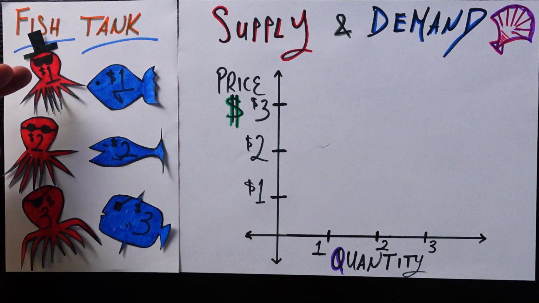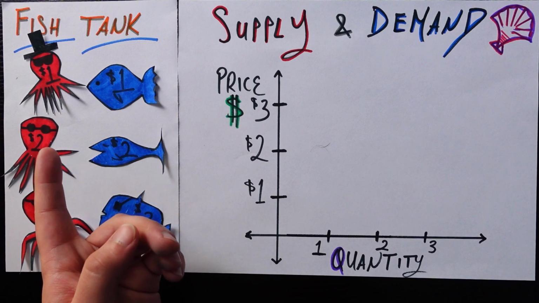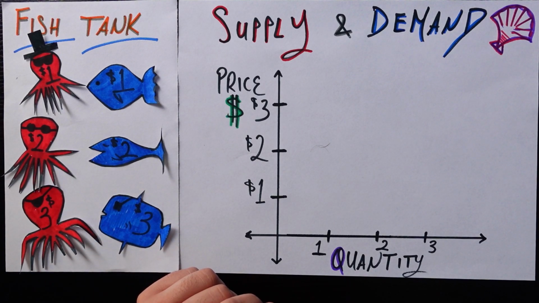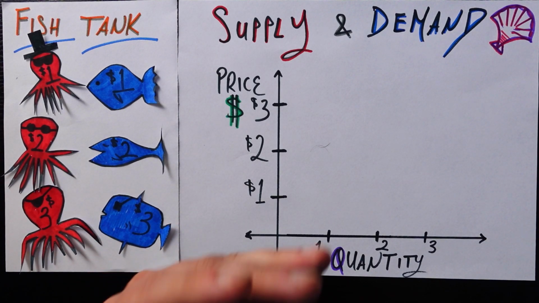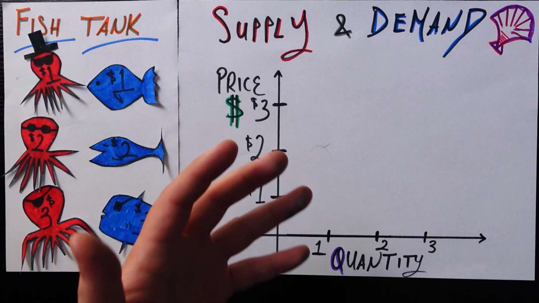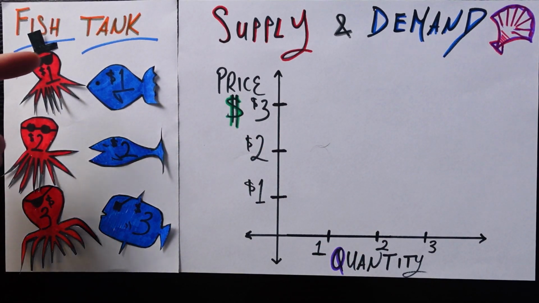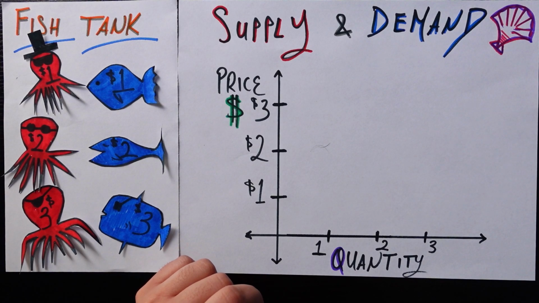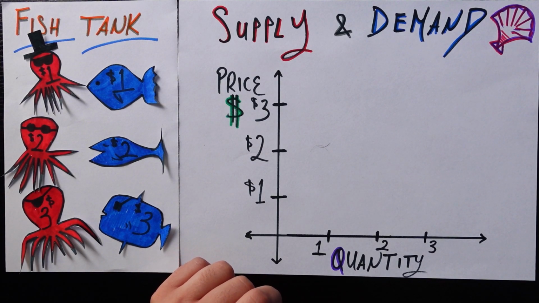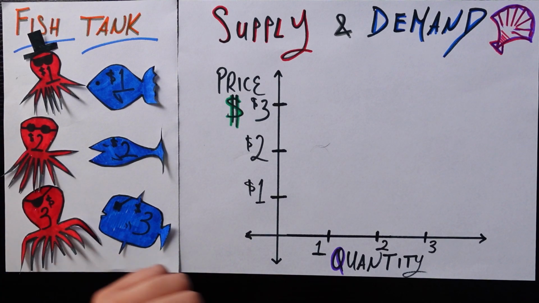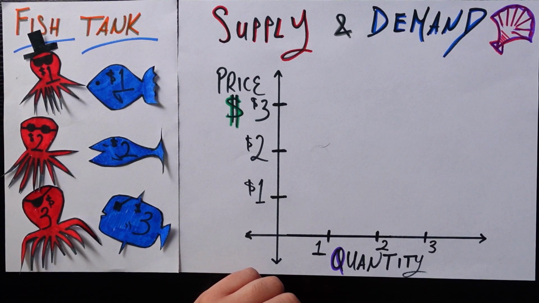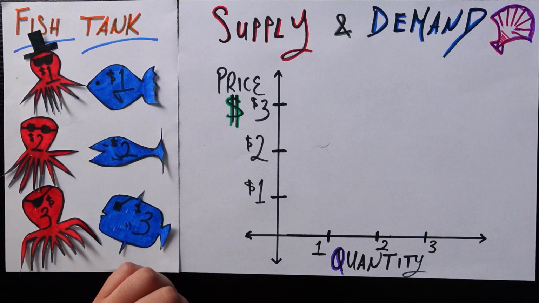Now the natural question arises, why are these different? How come this person's able to produce it for $1, but this person has to pay $2 to produce it? And that's just kind of due to the natural diversity of resources, access to resources in the economy. For example, let's say that this individual inherited a shell making factory from his father, and therefore is able to produce shells much more efficiently. Let's say this person did not, and therefore it costs more resources, maybe in the form of time, raw materials, in order to produce the exact same good.